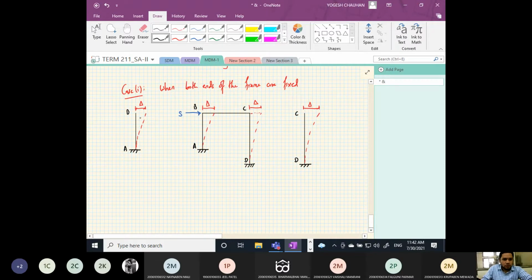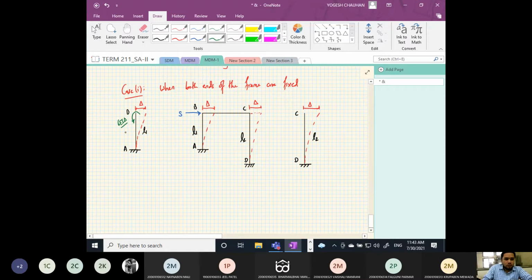Now, because of this displacement delta, there will be a moment in the member. So this moment will be 6 EI delta by L1 square, if this is L1, length of this member, and this length is L2.